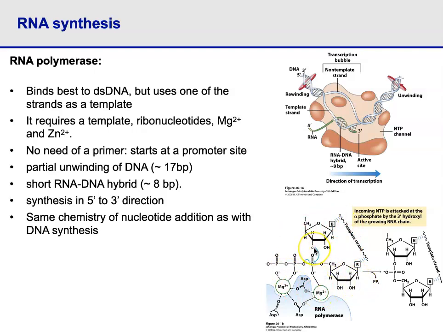The hydroxyl group bound to the 3' carbon attacks the alpha phosphate. Pyrophosphate is released and then immediately gets degraded to inorganic phosphate, and a phosphodiester bond is formed, and that's how the RNA polymer grows. So in that regard, no differences with DNA.